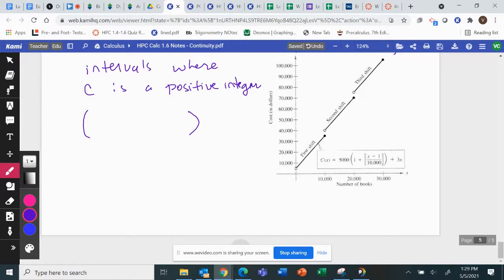Can we have part of a book? Well, I guess. My question is, are they going to pay for, maybe they have to pay part. I would think if they made a book, they would pay for even if they only made half the book, they'd still have to pay for the whole book.